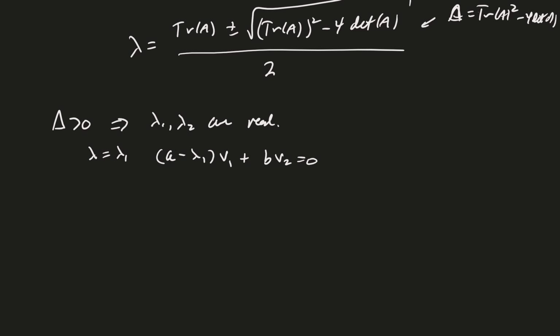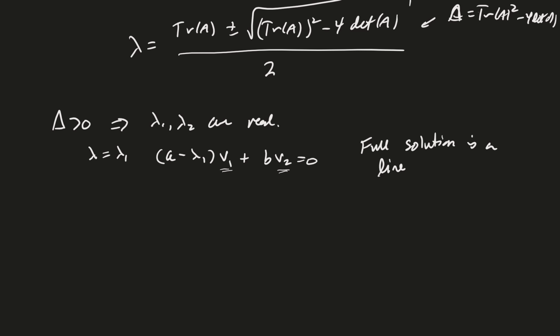So this is the equation I need to solve, and I need to choose a V1 and V2 that satisfy it. The full solution to this is a line, but we just need a V1 and V2 that's on the line.